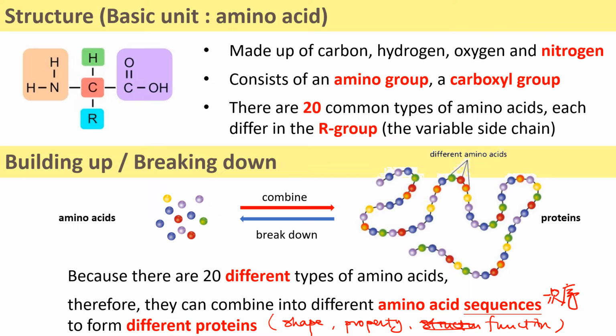So this molecule is not mainly used for energy, although it can, because it has so many carbon, hydrogen, oxygen. But the main function of protein in our body, because of these huge possibilities of different forms, is that it is good for building our different body parts.